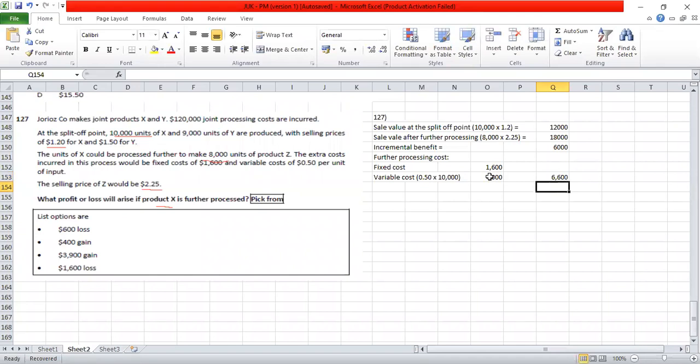Incremental benefit is 6,000. Incremental cost is 6,600.